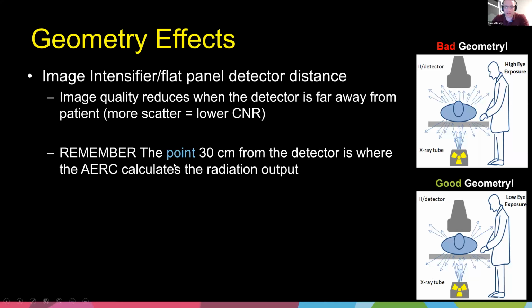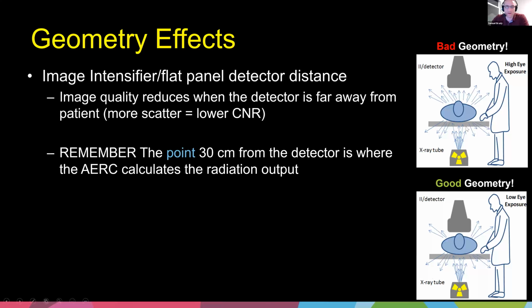We'll talk about this next week, but there's also a dose penalty for this. These detectors will tell the system to produce more radiation the farther away they're pulled, because there is a point 30 centimeters away from the detector where the system is measuring how much radiation is coming out.